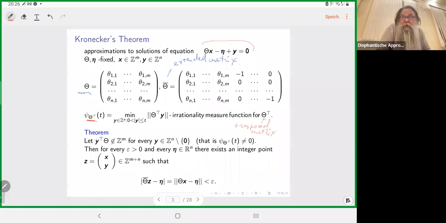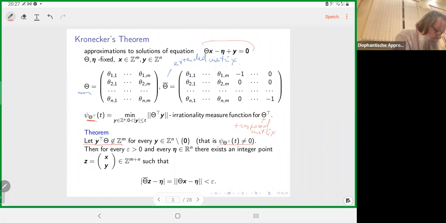A convenient formulation of Kronecker's theorem is as follows. Let the following situation happen: in terms of the irrationality measure function for the dual setting, it means that the function does not vanish.